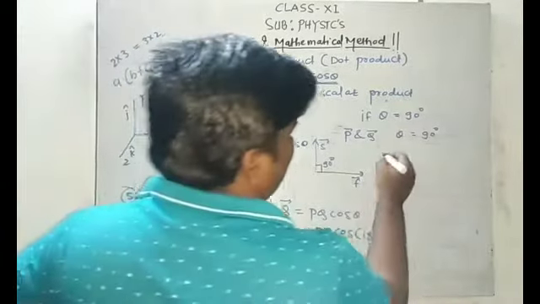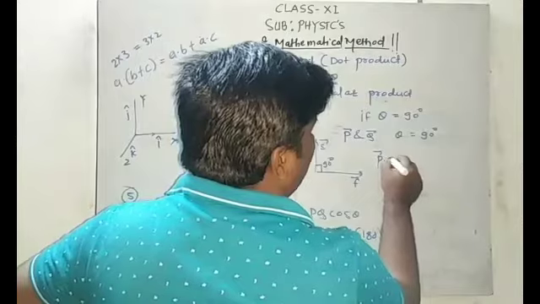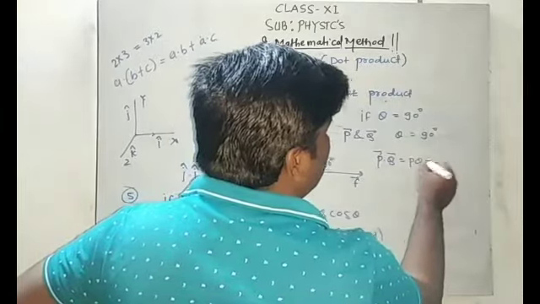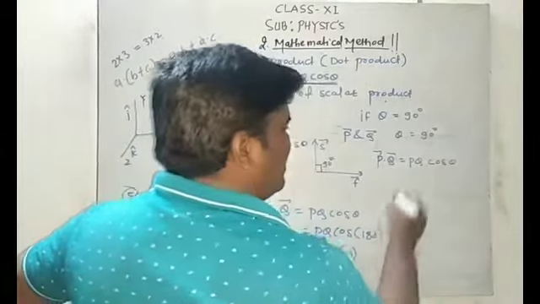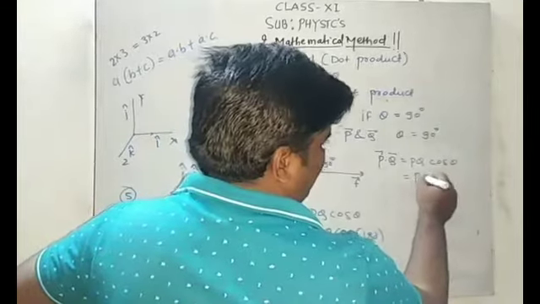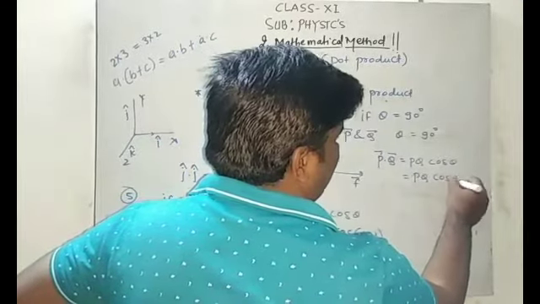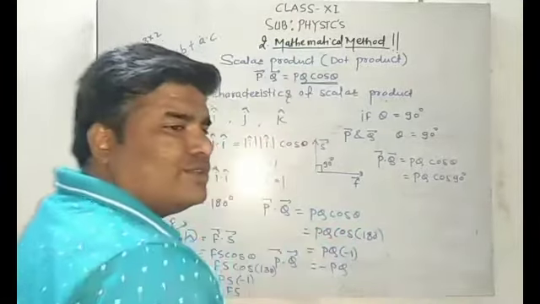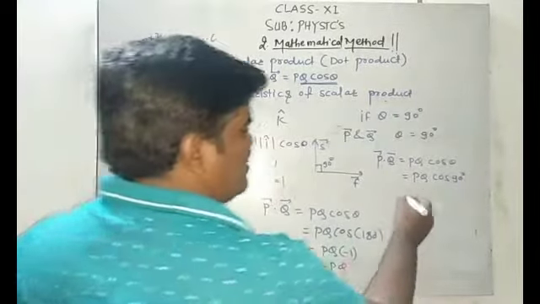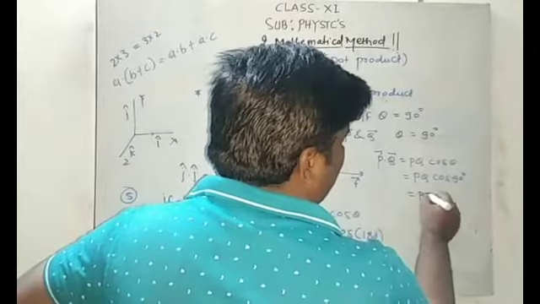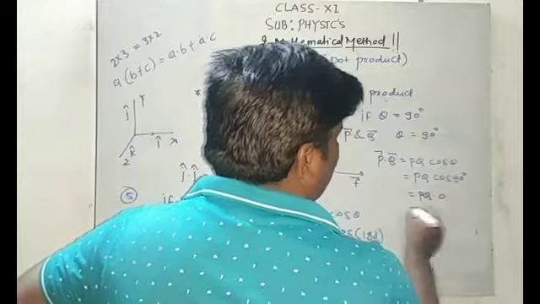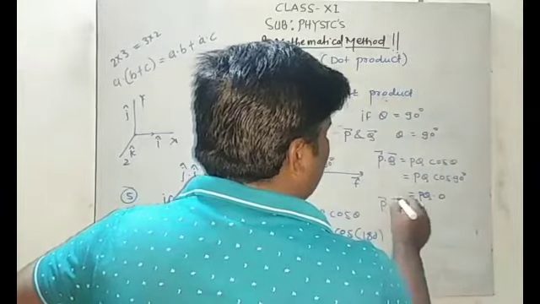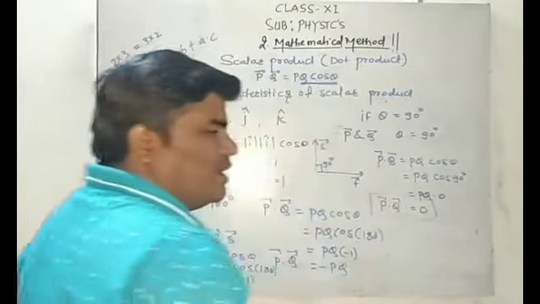How could we find the magnitude? P bar dot Q bar is equal to PQ cos theta, and cos 90 is equal to 0, and therefore PQ multiplied by 0 is 0. So P bar dot Q bar is equal to 0, right?